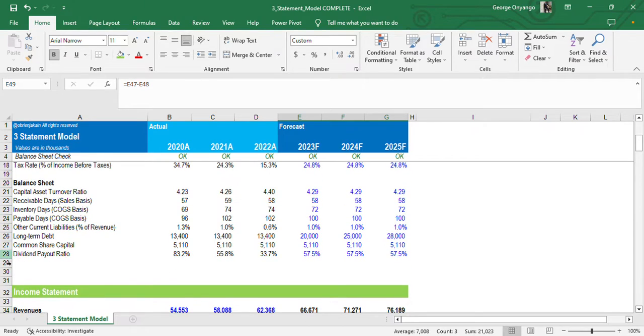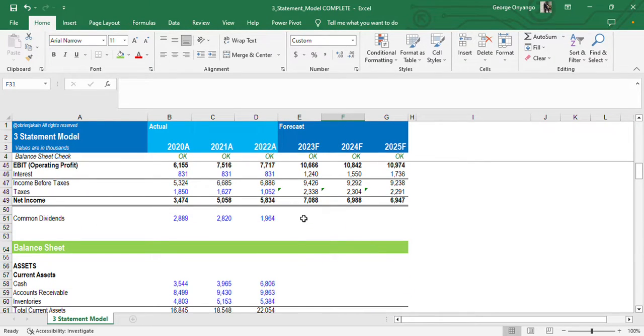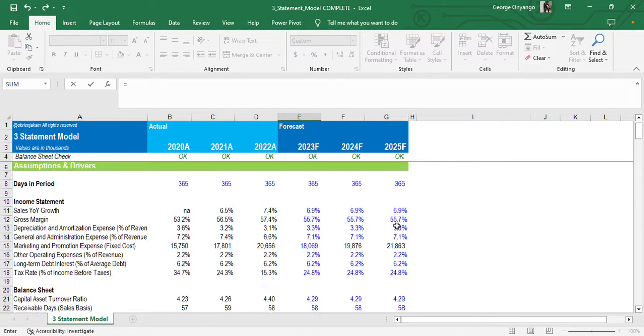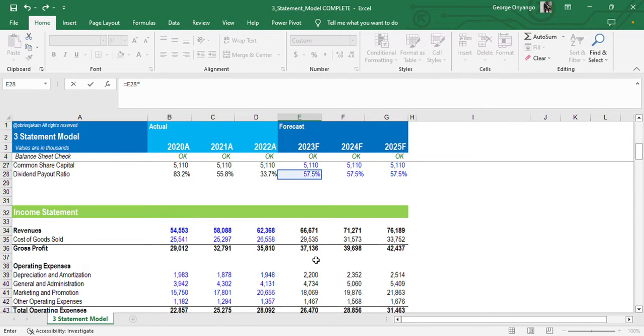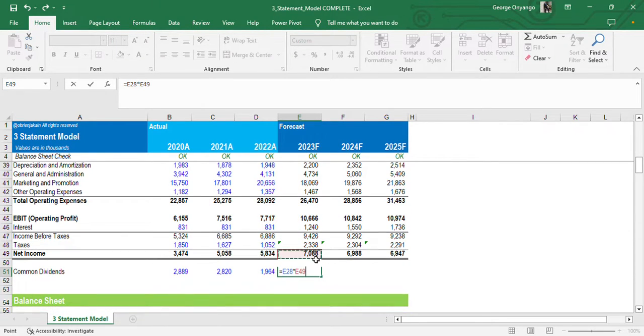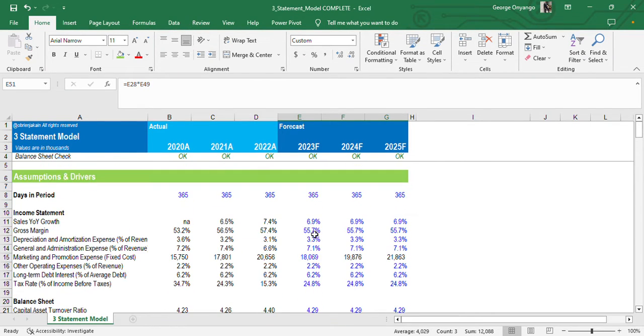The dividend ratio is going to be that as a percentage of net income times net income. So that is going to give us the forecast for the income statement.